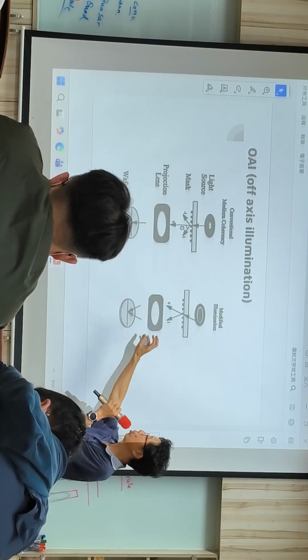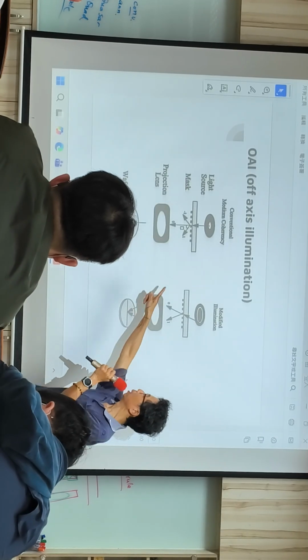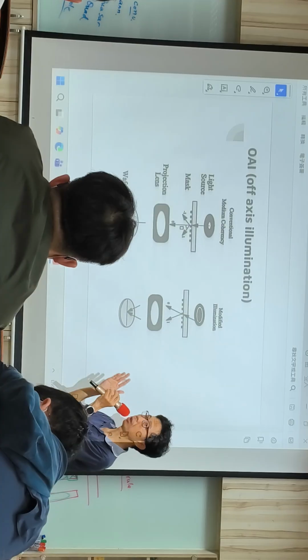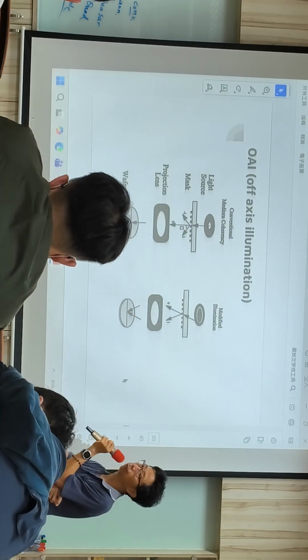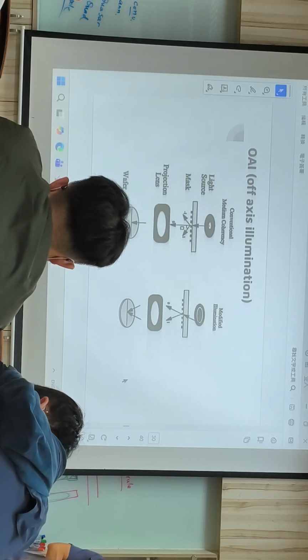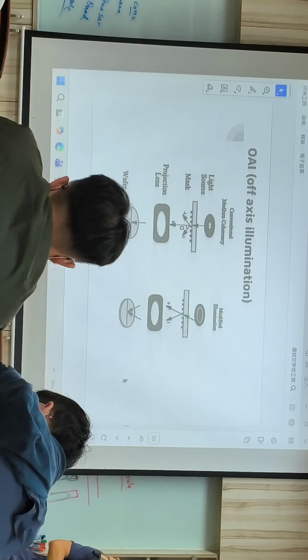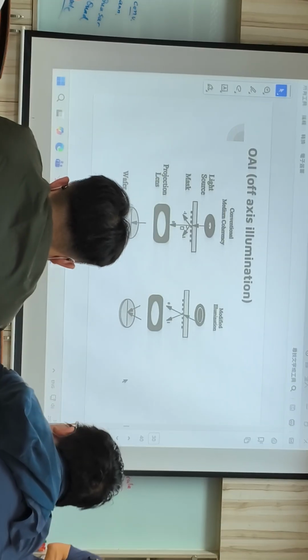Intuitively, you can almost get 2 times as much angle to be able to form two-beam interference. So that's the reason we need to use OAI, because OAI does have a higher resolution.